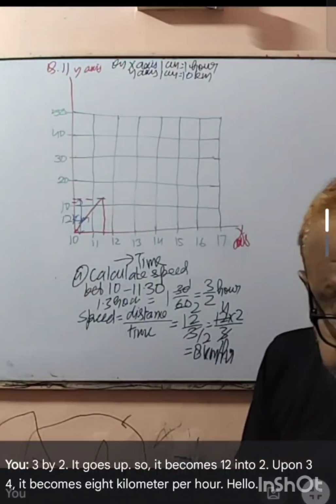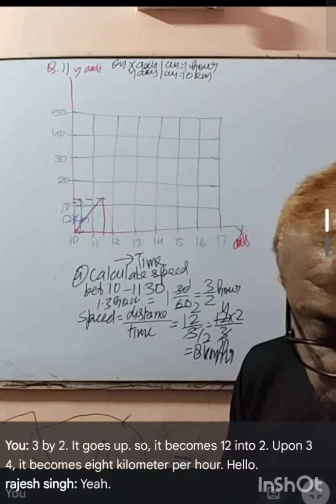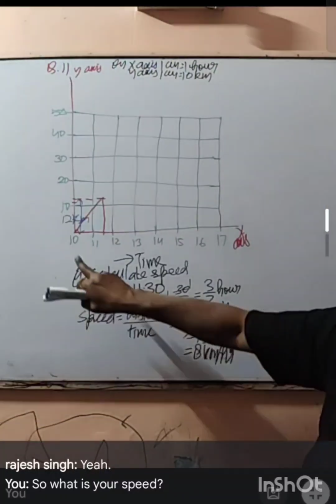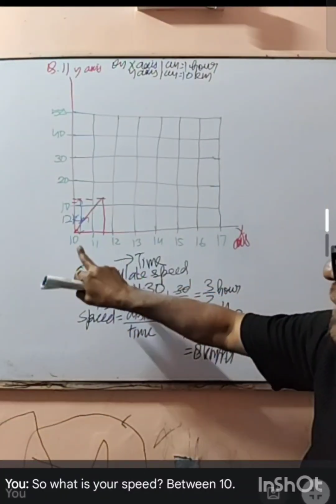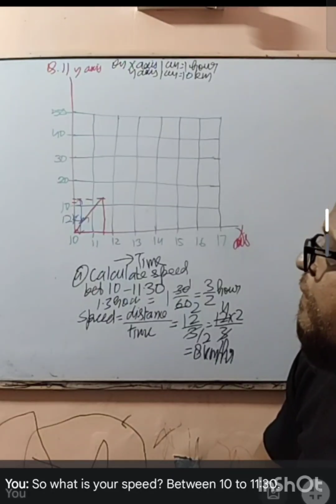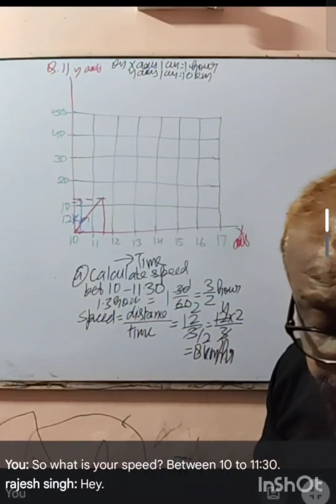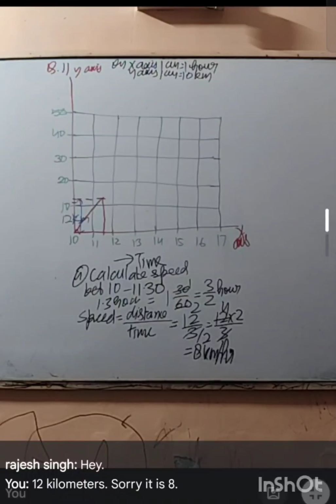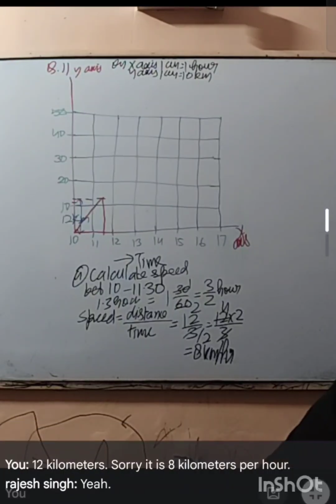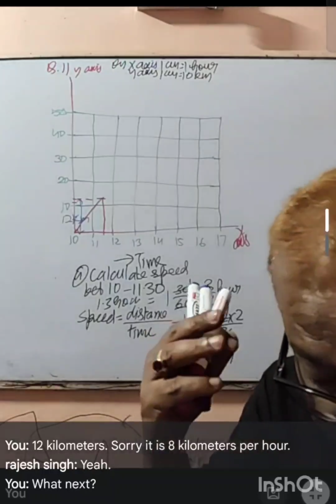So what is your speed between 10 to 11:30? 8 kilometers per hour. What next? Last one.